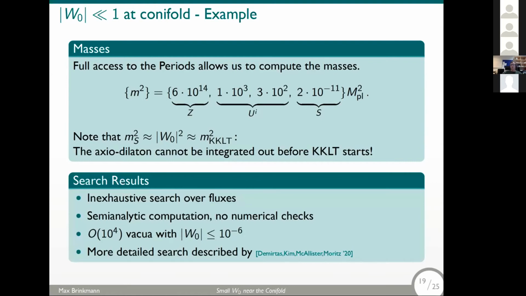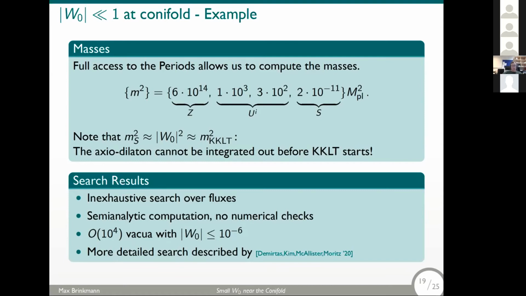A short word on the search we did over the fluxes. It was an inexhaustive search, so no claims on actual numbers. The semi-analytic computations we did were basically the same that DKMM did in their paper. We did no numerical checks for all of the minima we found. Those were just too computationally expensive.